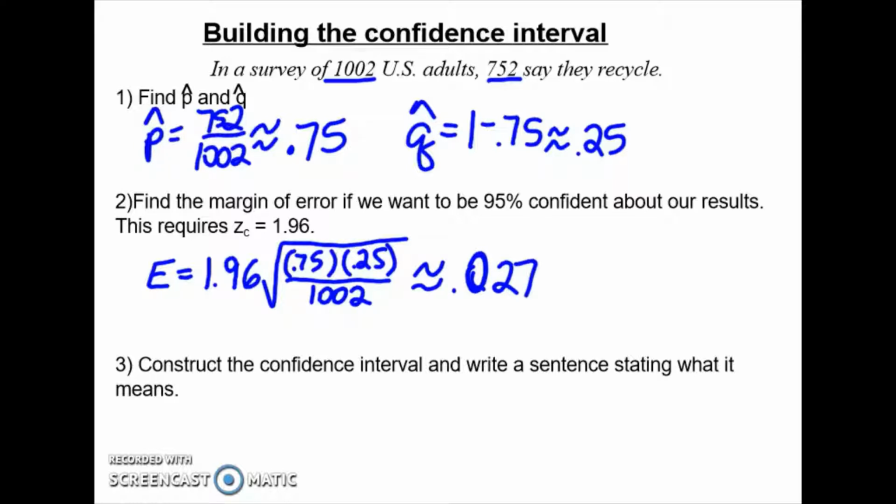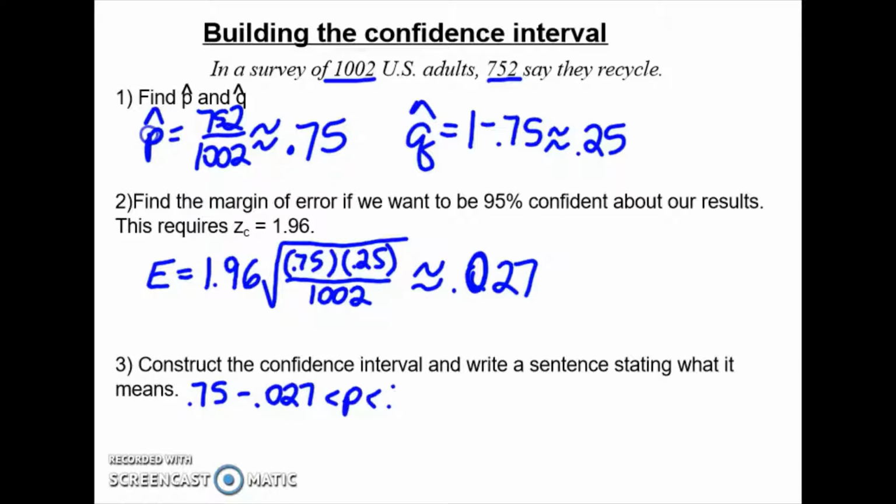27 thousandths. So if I want to construct my confidence interval, I would take my 75 hundredths and subtract the 27 thousandths. That would be my lower end.